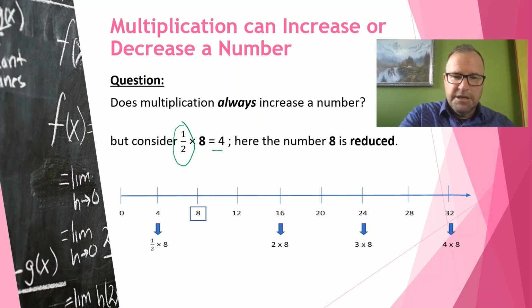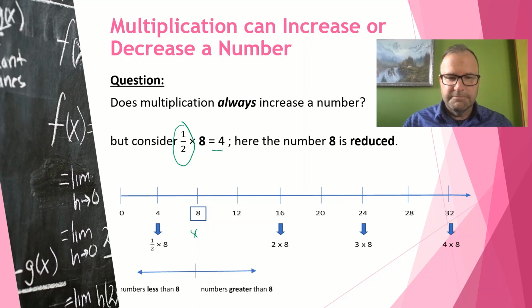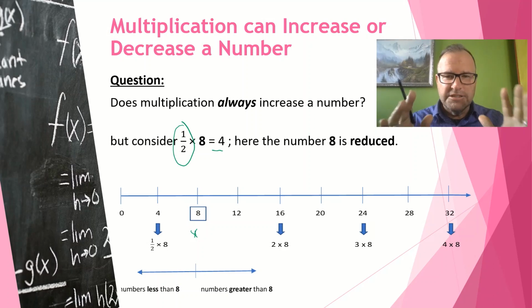It went from 8 to 4, so the number is less than 8 on the left-hand side. We're using a number line to help us get a conceptual meaning of what is going on with the numbers when we multiply by a number of a certain type.